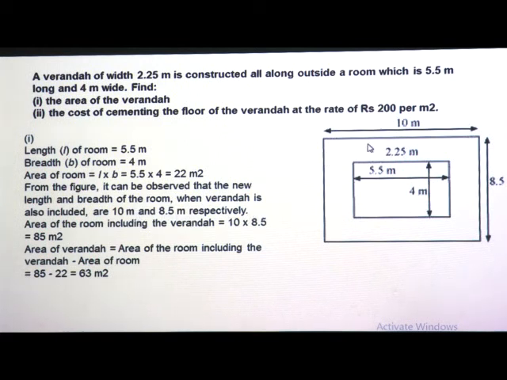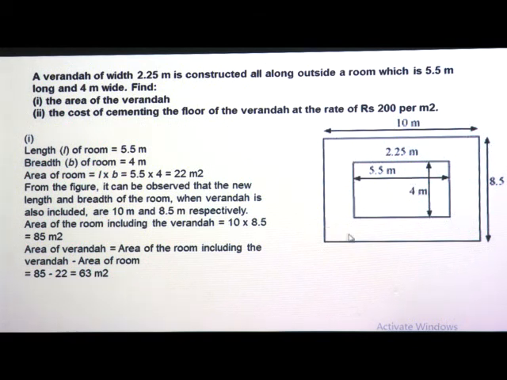So, including this bedroom and veranda, the length is given as 10 meter and the breadth is given as 8.5 meter.